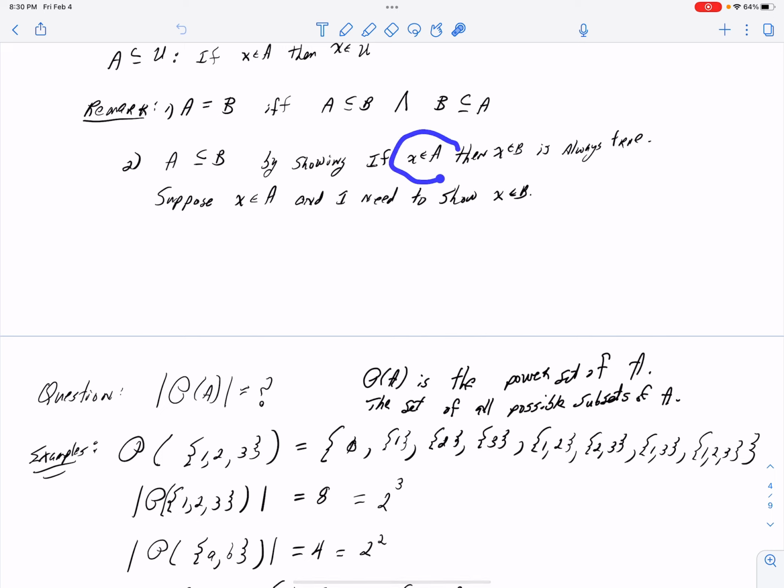By supposing the hypothesis is true and then showing the conclusion is necessarily true. So if you ever want to show A is a subset of B, what you do is you suppose x, an arbitrary element of A, and you need to show that x is an element of B.